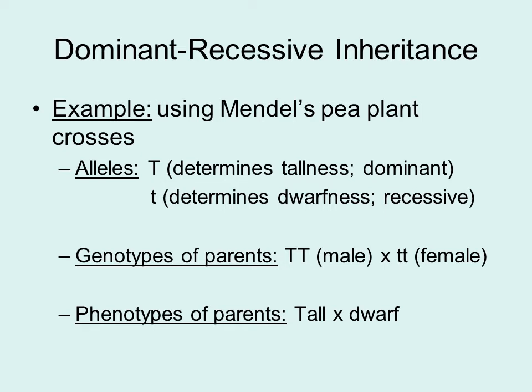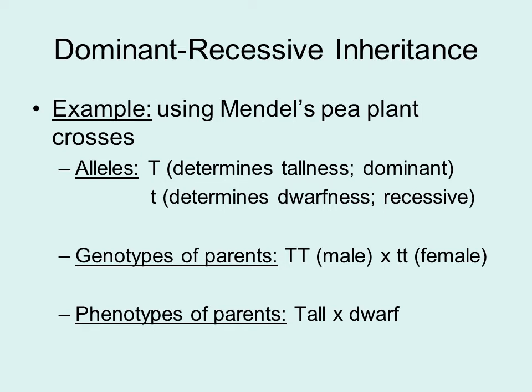So in this case, we're looking at tallness as dominant, so we're going to use the letter T. For a dominant trait, you're going to use a capital letter. For recessive, you're going to use the lowercase version of the letter. So we're telling you that one of the parents, and we're just going to call it the male, is dominant. It's tall, and it's homozygous, so it's big T, big T.